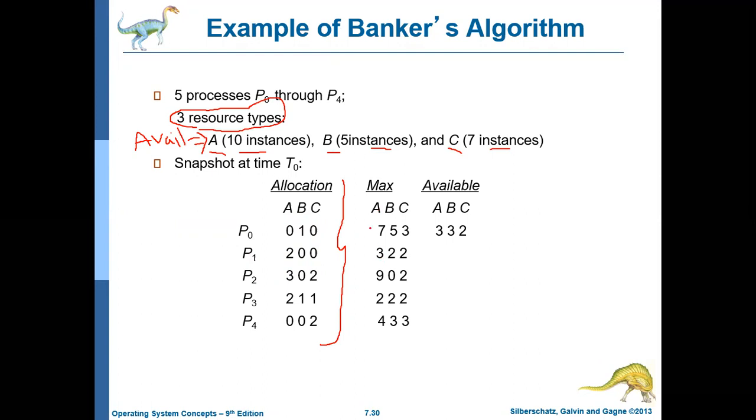And this max represents the maximum number of instances of each resource that each process will require.